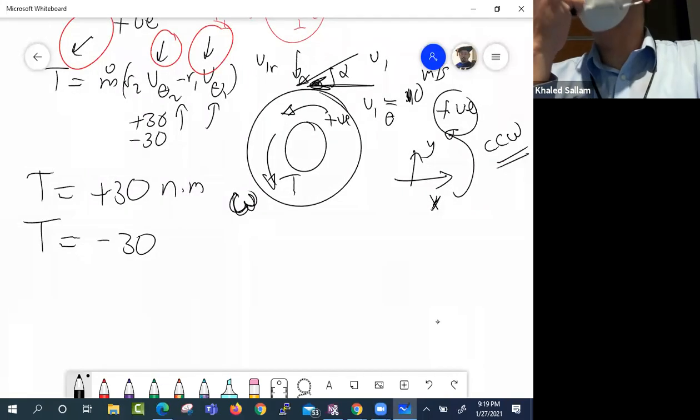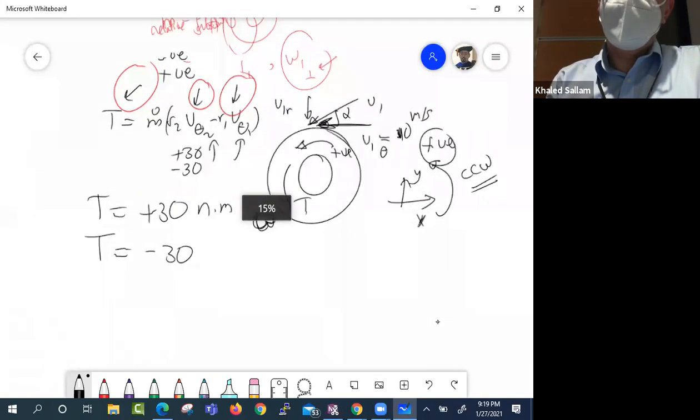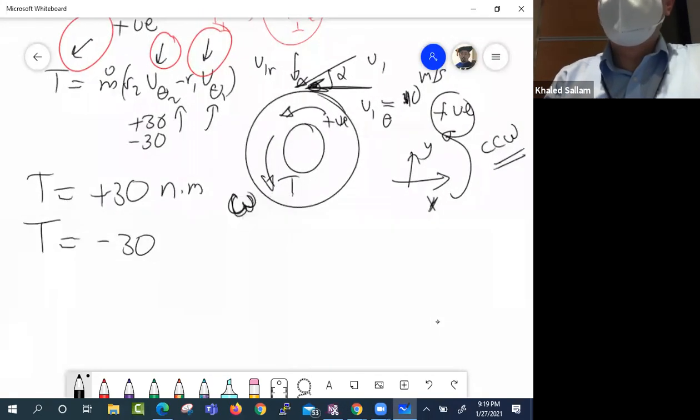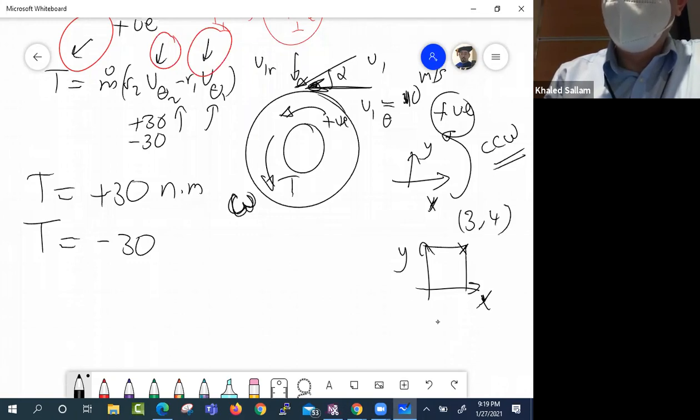Baby, you had a question. Yeah, over here, where is theta in that field? So X and Y, this is Cartesian coordinates, right? And if I tell you this point over here has coordinates of 3 and 4, what is the 3 and what's the 4?